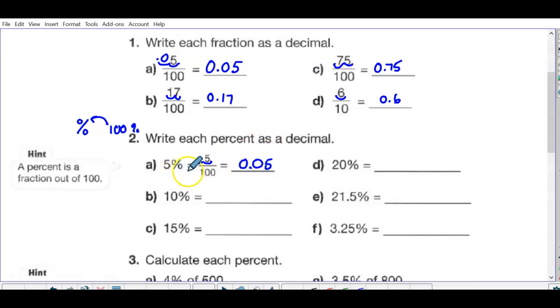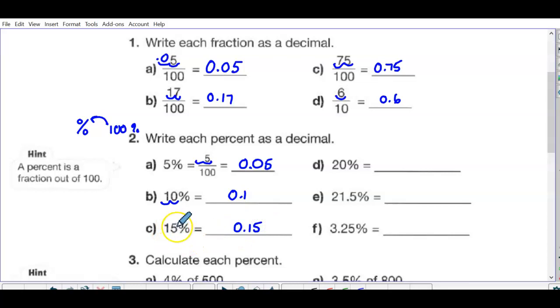Okay, so really, you don't have to show it as a fraction. You can really convert right away. You're always going to move the decimal 2 to the left. So here, 2 to the left would be 0.1. We don't have to put the 0 afterwards if it's a decimal. Okay, and then 2 to the left, 0.15.